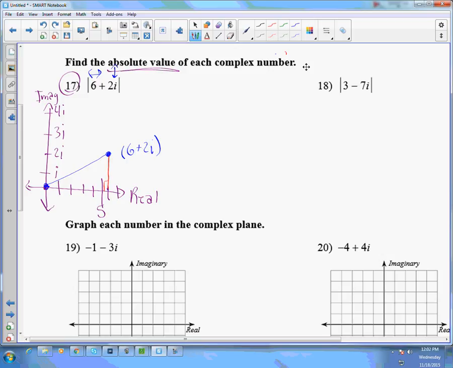How do we find the hypotenuse on a right triangle? A squared plus b squared equals c squared, the Pythagorean theorem. That's a theorem you should know from last year.